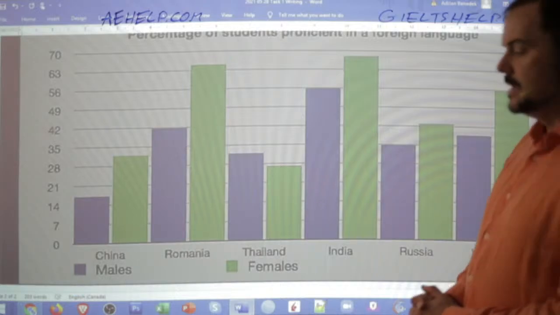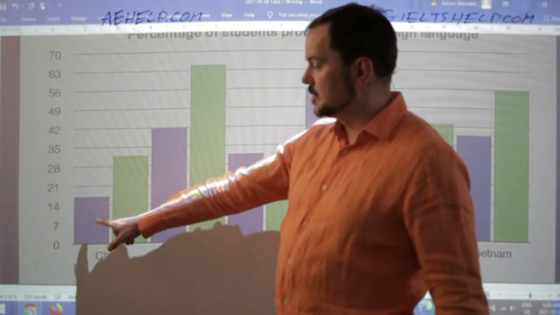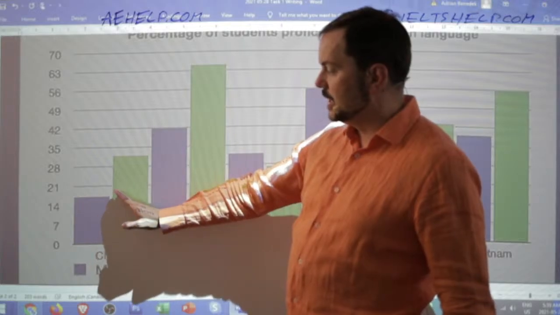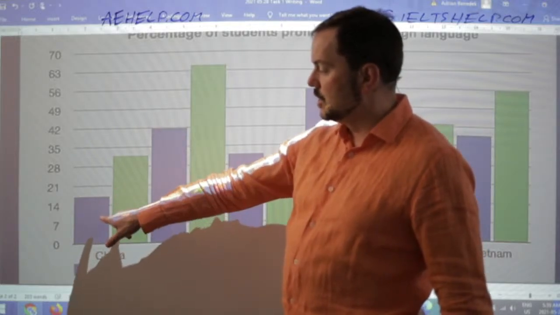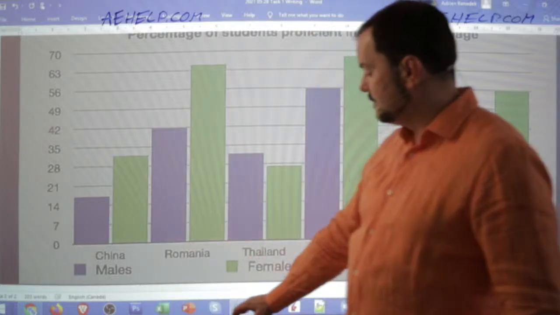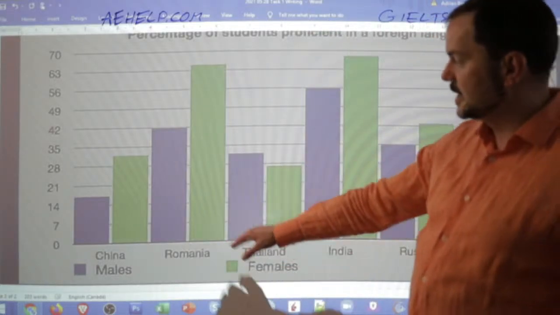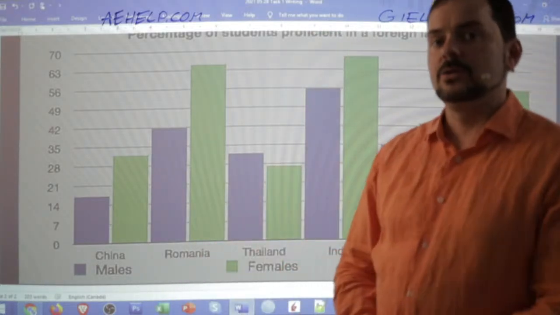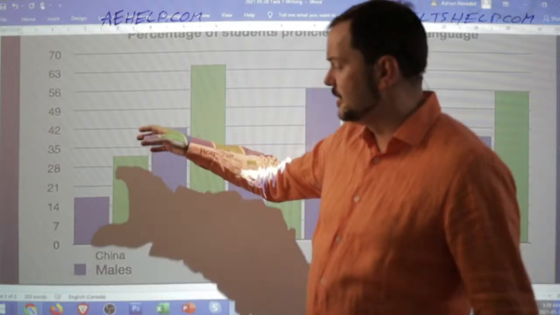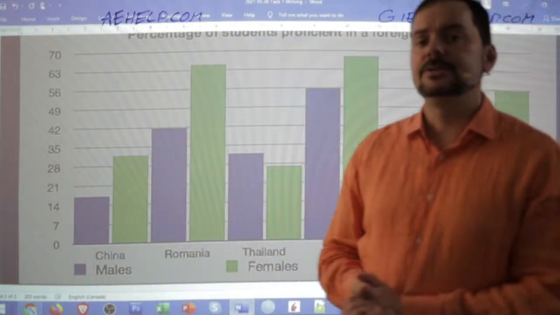Okay. And then, of course, we have 2 for each. So we have a blue bar and we have a green bar. So we have males representing the blue and females representing the green. Okay. In the IELTS, usually these are black and white or have some kind of a pattern. All right.